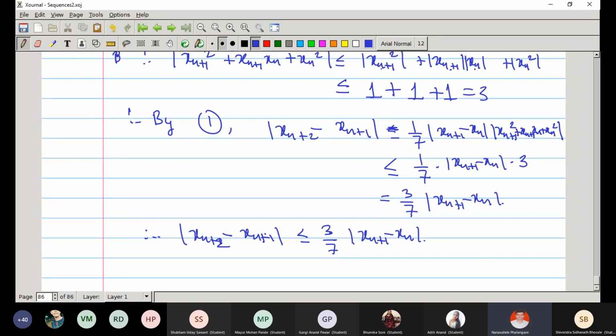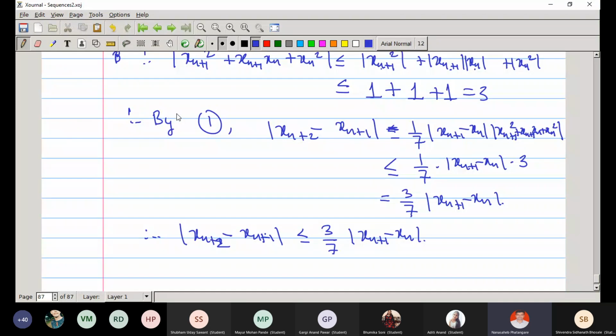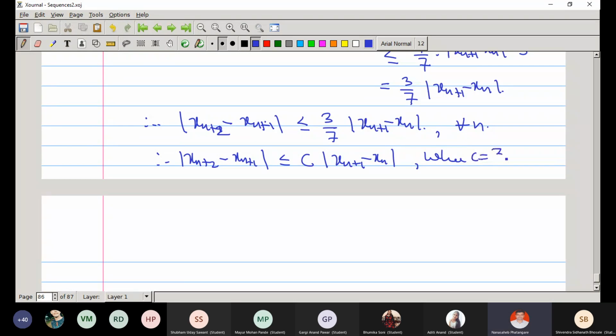Now can we say that xn is contractive from this? Yes, sir, because what is c here? 3/7. Therefore the absolute value of x_{n+2} minus x_{n+1} is less than or equal to c times the absolute value of x_{n+1} minus xn, where c is equal to 3/7, less than 1, and this is true for all n.